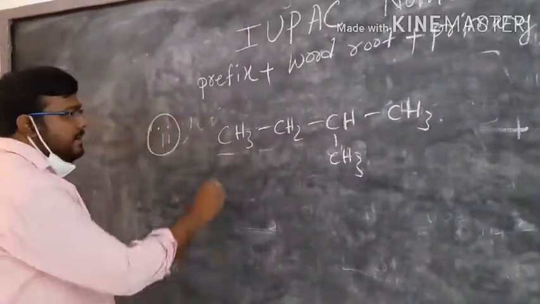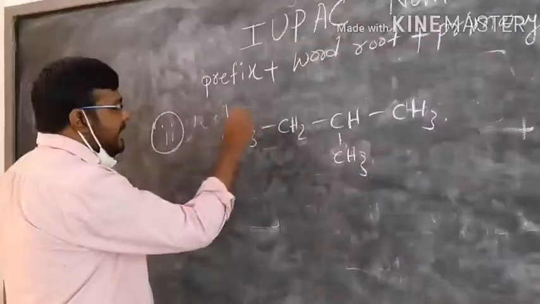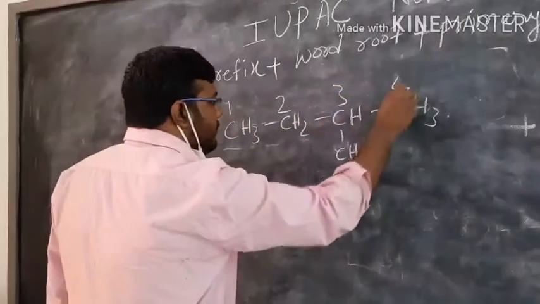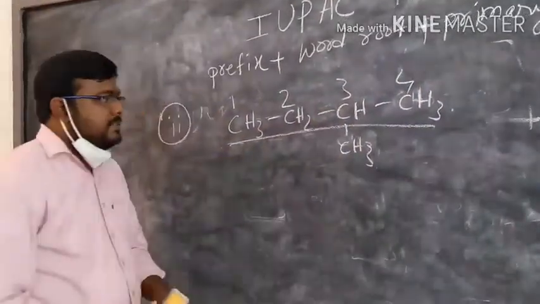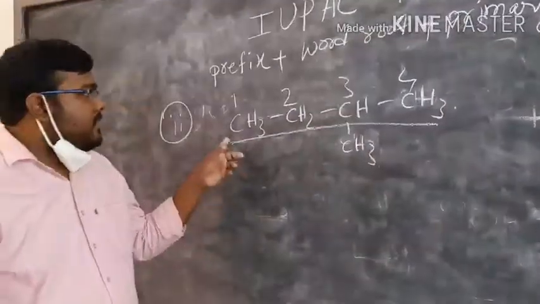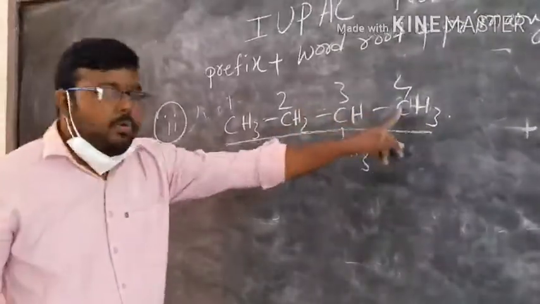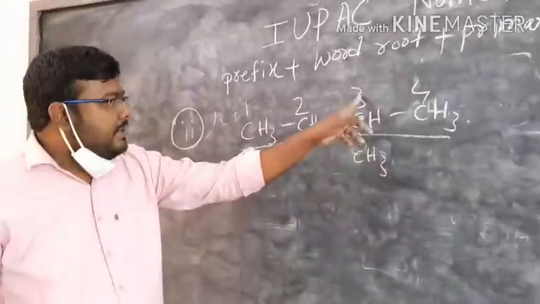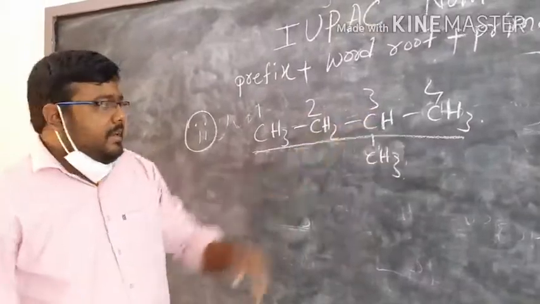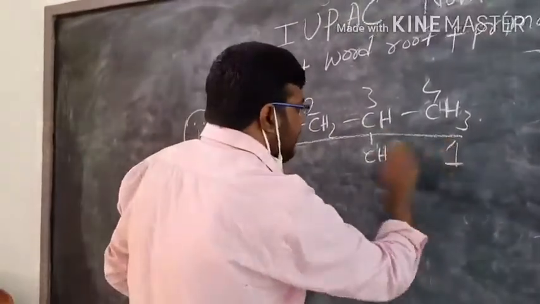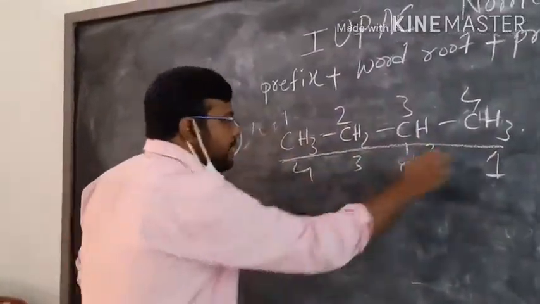Okay, so here, if we start from this side, 1, 2, 3, 4, this is the selected parent chain. Now, if we start from this side, 1, 2, 3, 4, the substituent is getting what number here? 3. Now, if we start from this side, then it's getting the lowest possible number, 2.